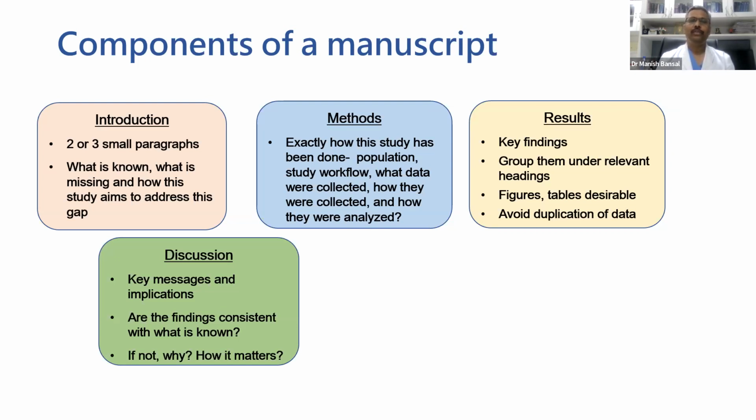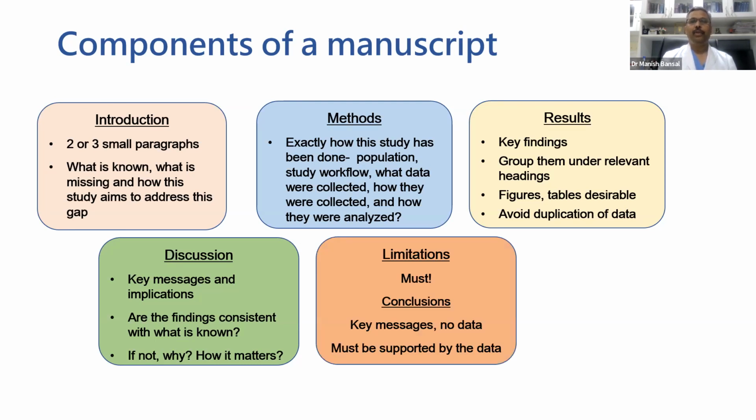We should not try to discuss each and everything that we have found in our study, which is something that most of the DNB students do. What they will do is they'll describe that, okay, in our study mean age was 50 years, and then they will describe 5 other studies in which the age was the same. Then we had 60% males, and they will quote some studies which have had the same kind of gender distribution. That is not discussion. Discussion is messages from our study.